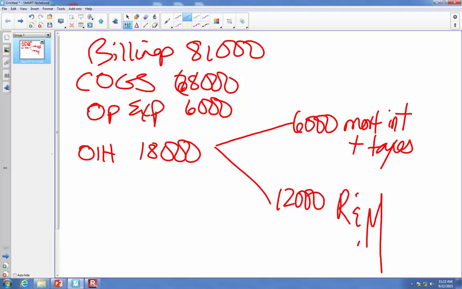So obviously she doesn't deduct the sewer system. So first off, you need to figure out what net income you're starting with, right? And then I want you to figure out how much of the OIH you're going to be able to take.